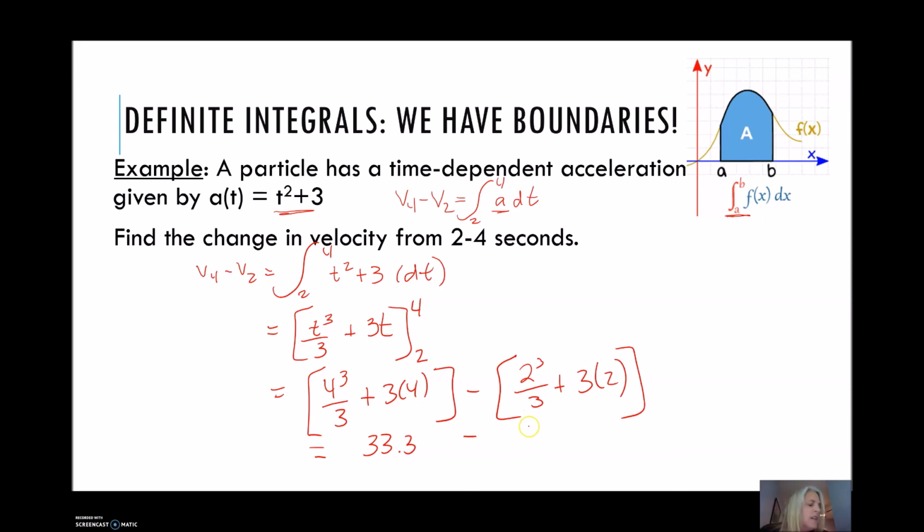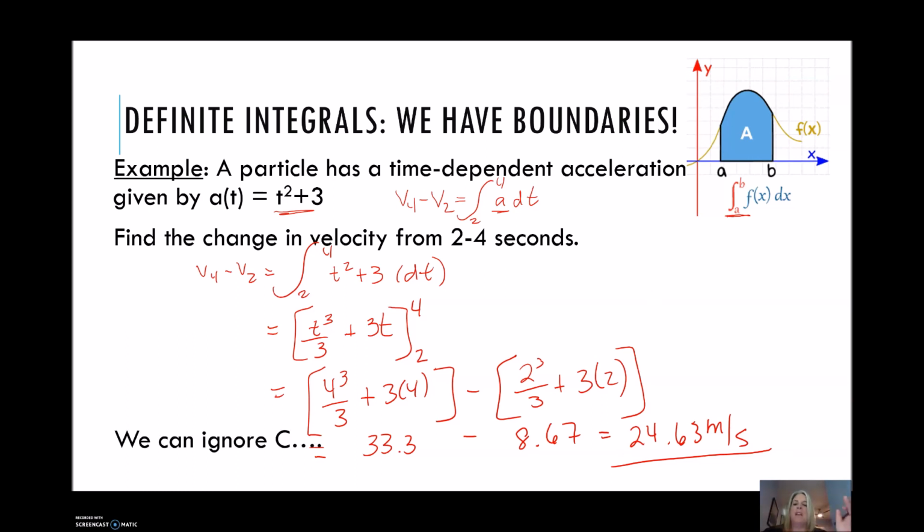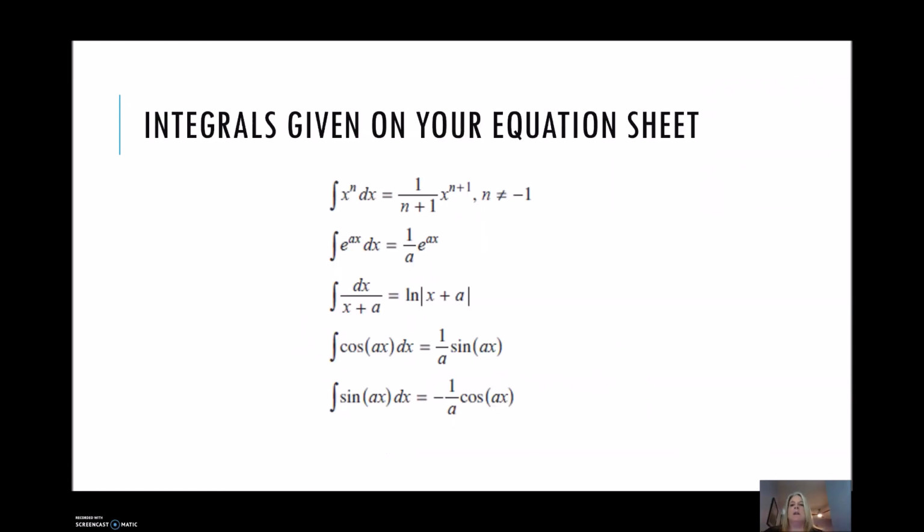When we do the second quantity, it's 8.67, and that's equal to 24.63 meters per second. So that's a definite integral. We are just interested in the change in velocity between those two boundaries. One thing you'll notice, we can ignore c when we have a definite integral. There was no adding c because we're just looking between those specific time points.